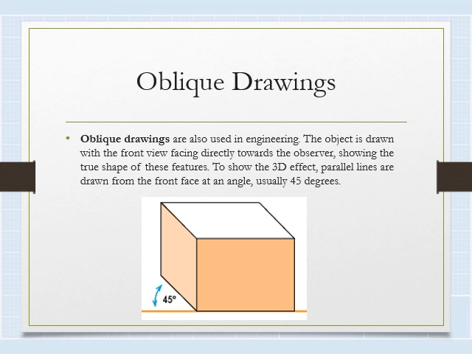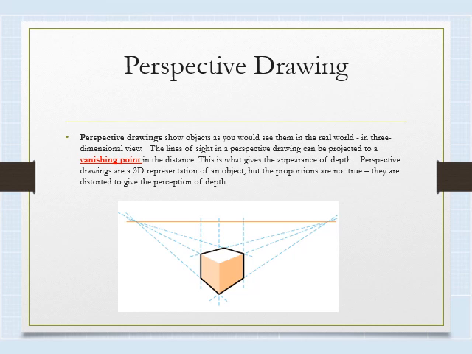In an oblique drawing, you have a true face towards you, so the front view, for instance, is straight on towards you, and your receding lines go back at a constant angle, usually 45 degrees. And in a perspective drawing, none of the sides are true size or shape, but the lines recede back to a vanishing point.